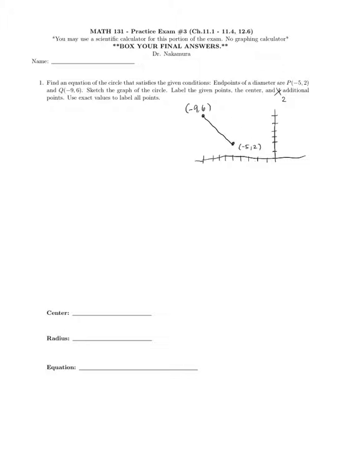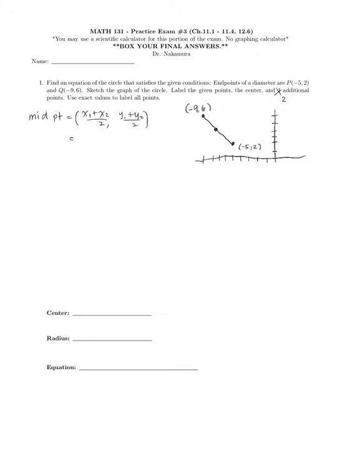Now, to get the center of the circle, that's nothing but the midpoint of this line segment. So what we need to do is, of course, find that midpoint. Let me write down the formula. That's x1 plus x2 all over 2, and then y1 plus y2 whole thing over 2.